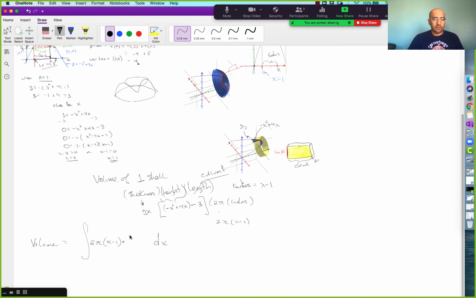So the height is going to be equal to minus x squared plus 4x minus 3. That'll give you that. And then its thickness, which gives you dx. And then we're looking at x, and x ranges from, looking at my picture, 1 to 3.